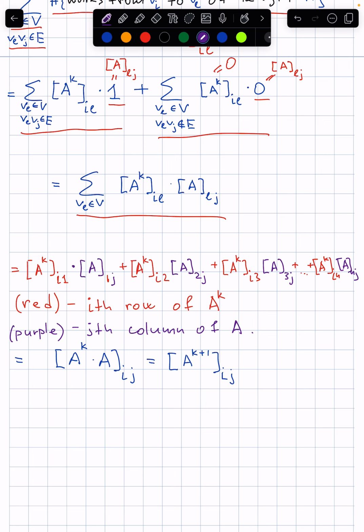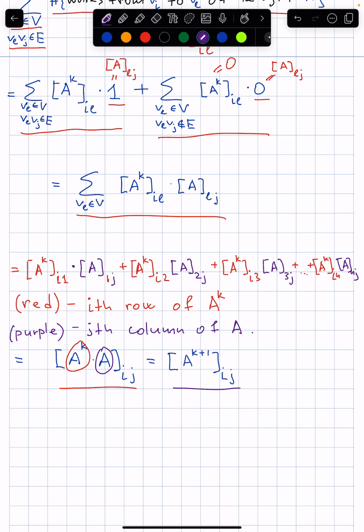So we take the ith row of A to the k and multiply it by the jth column of A, exactly the way we did with matrix multiplication. So what do we get? We get the product of the matrices A to the k and A, and we take the ijth entry of it. But A to the k times another A is just A to the k plus 1th power.